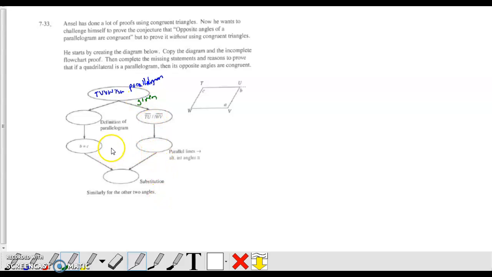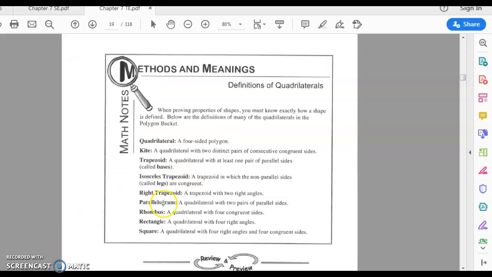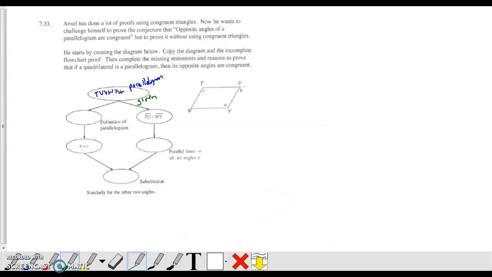Okay, so now let's look at some more context clues. What's important about the definition of a parallelogram? If we remember, a parallelogram has two pairs of parallel sides. So this side is going to be parallel to that side, and this side is going to be parallel to that side.